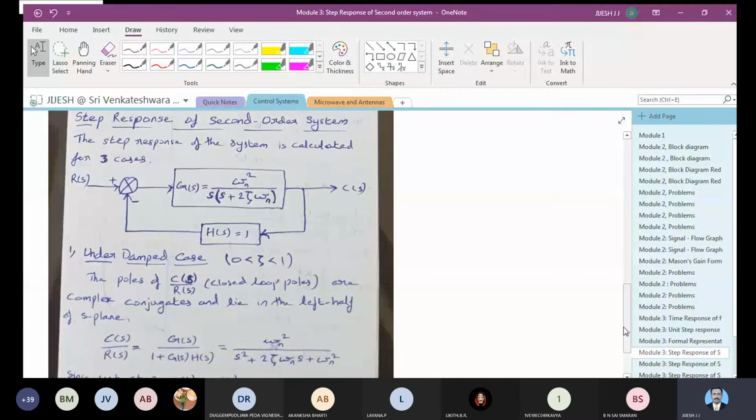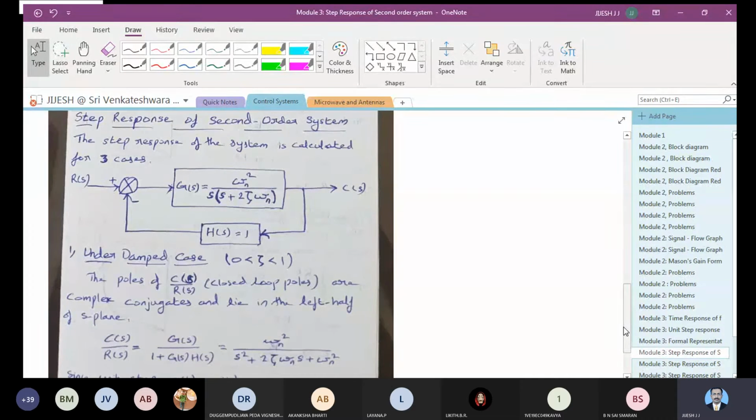The step response of the system, you can see the block representation here, where G(s) is omega n square divided by s into (s plus 2 zeta omega n), and H(s) is equal to 1. Now we will see underdamped case and then continue further.